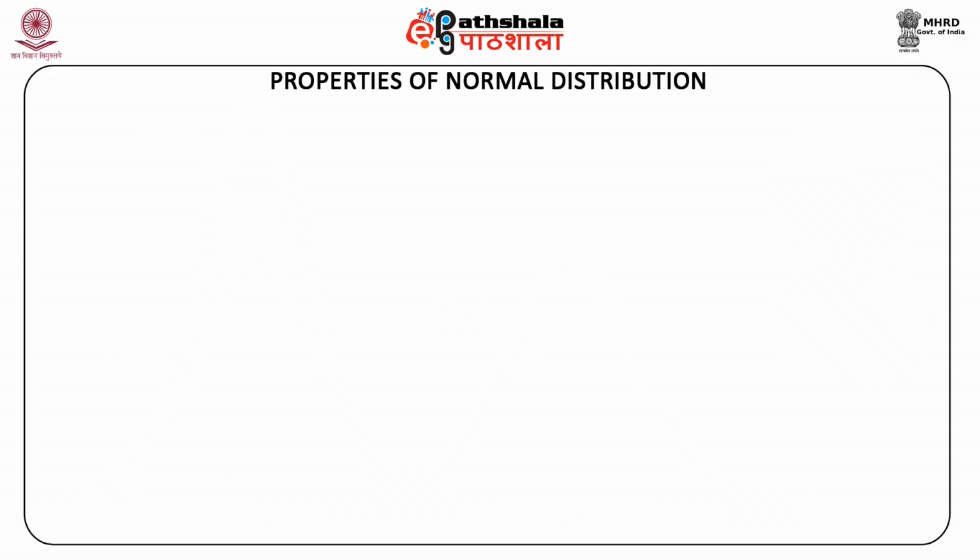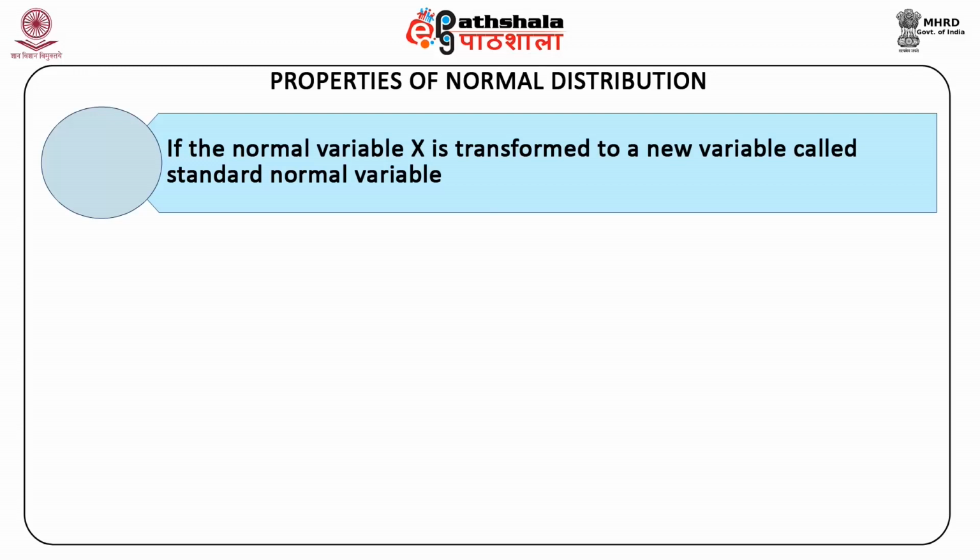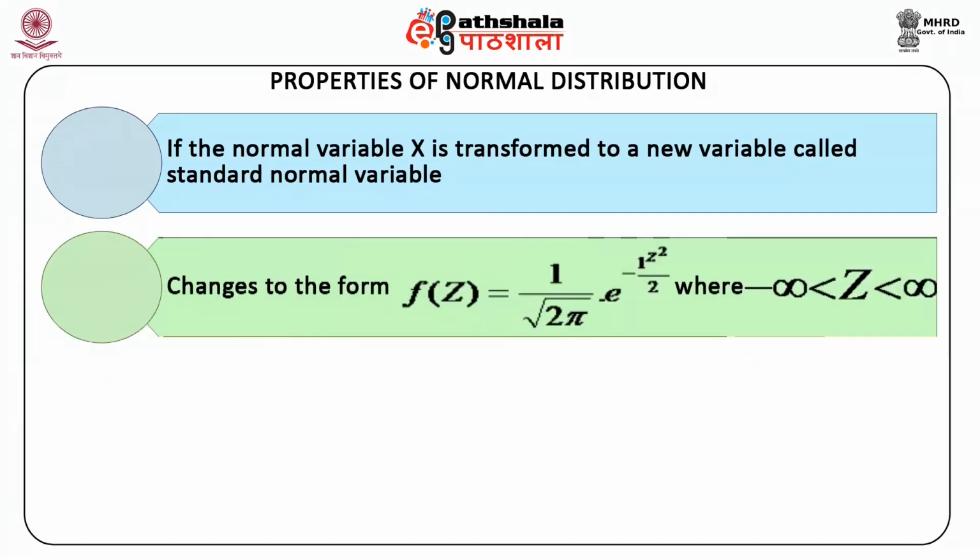The last property of normal distribution states that if the normal variable x is transformed to a new variable z equal to (x minus mu) upon sigma, called the standard variable, then the normal distribution changes to the form f(z) is equal to 1 upon under root 2 pi multiplied by e to the power minus half z square, where minus infinity is less than z is less than plus infinity.